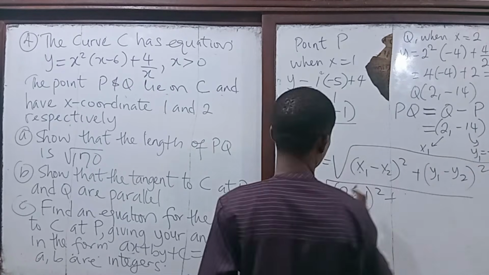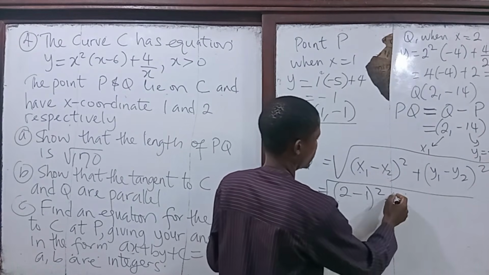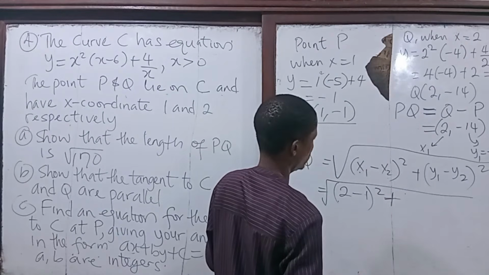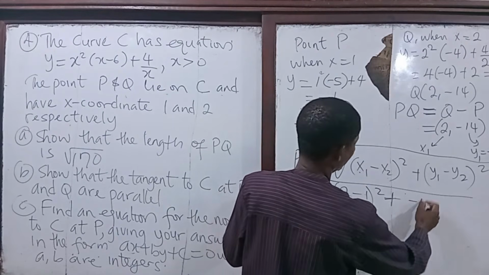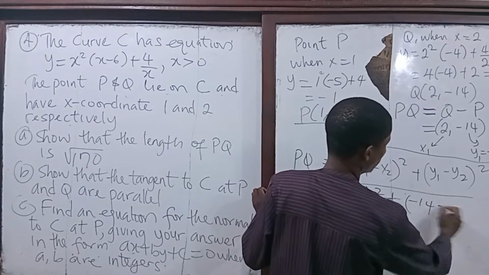So x1, that's 2, x2 is 1. Then y1, that's minus 14, y2, that's minus 1.